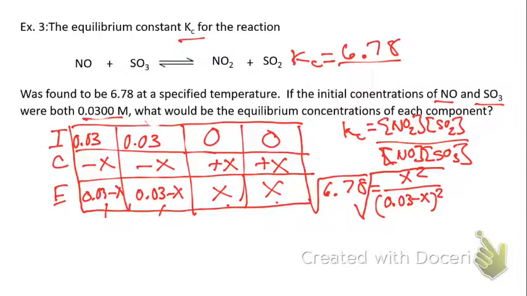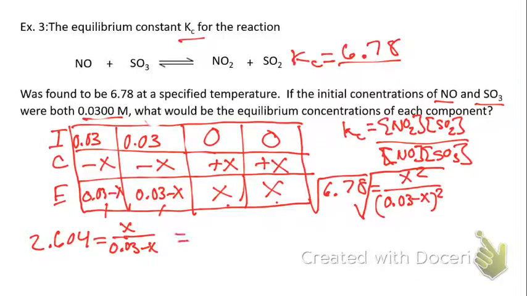When we do that, we get 2.604 equals x over 0.03 minus x. Now hopefully it will be much easier for you.